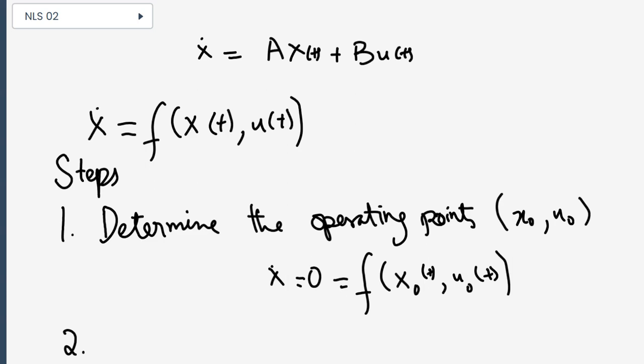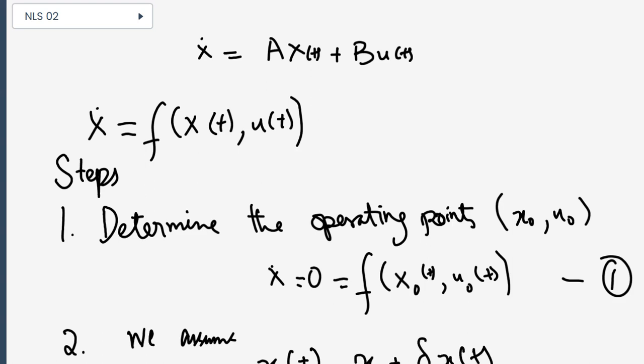Now from the Taylor series expansion we saw that we put y is equal to f of x naught plus df by dx at x equal to x naught into x minus x naught. So using that same approximation method, we assume x(t) is equal to x naught plus delta x(t) and u(t) is equal to u naught plus delta u(t).